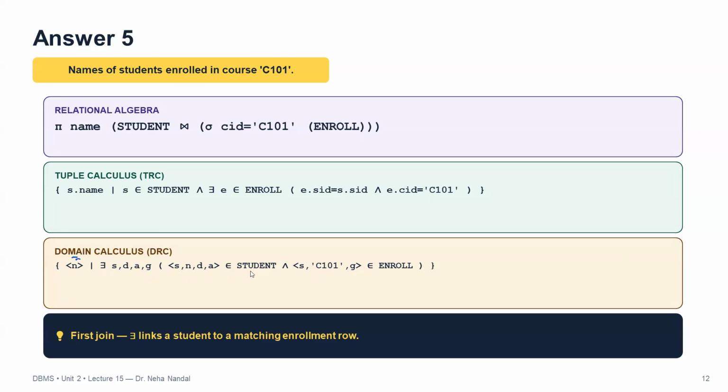Now S, D, and A belong to student, and now the condition comes. Three things: S, that is a pending one; CID, which should be C101; and then grade. S we already said belongs to the student. It is SID.